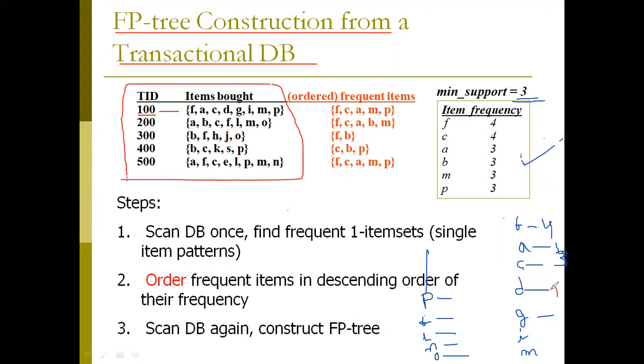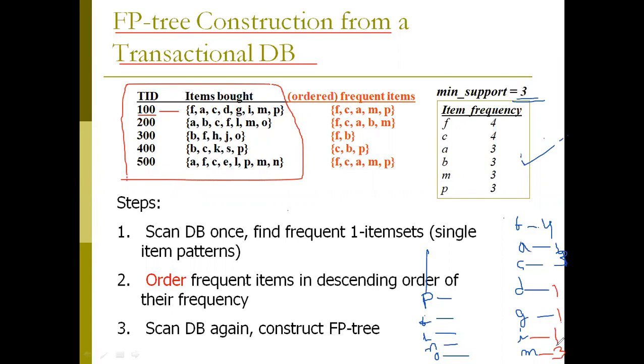The support count of D is only 1, as well as the support count of G is 1, and the support count of I is also 1. Now the support count of M is equal to 3.